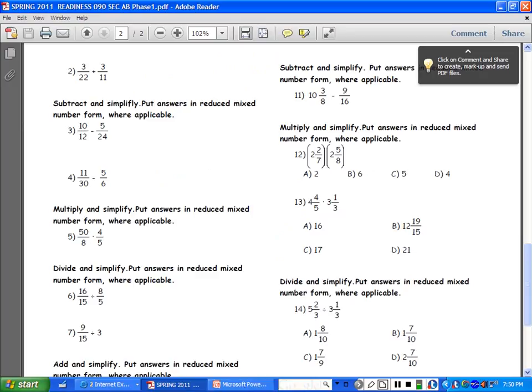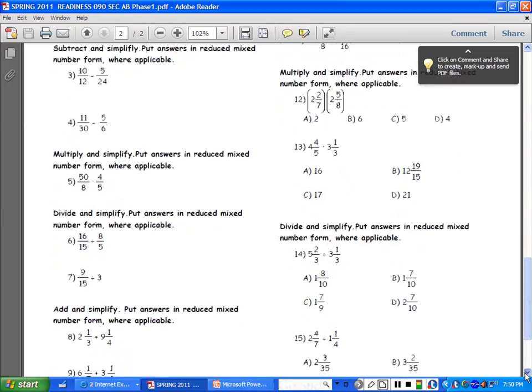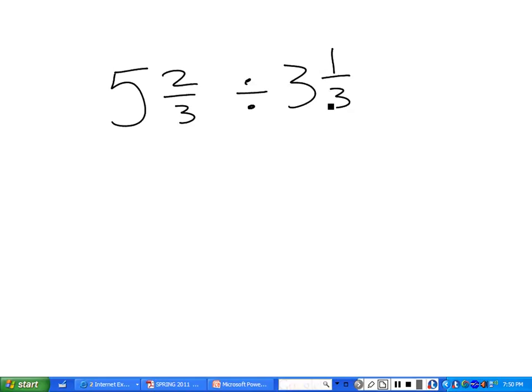Problem. Let's try number 14 here. It's 5 2/3 divided by 3 1/3. Okay, division problem. Always change your mixed number to an improper fraction first. So let's multiply this 5 times this 3 here.